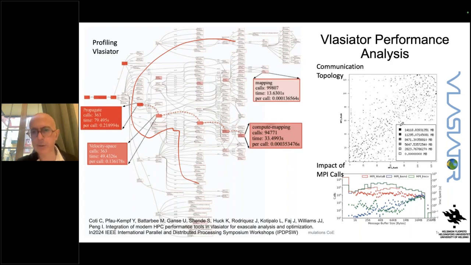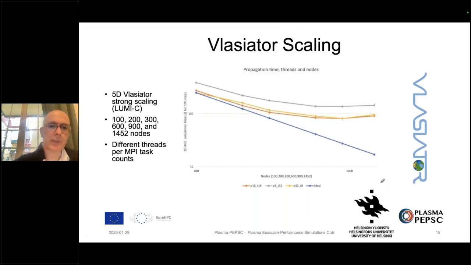These are typically 5D or 6D simulations, so you might have communication along 5 directions. You see here the communication pattern, with MPI ranks on the x-axis and MPI ranks on the y-axis. So this is a plot of who communicates with whom.